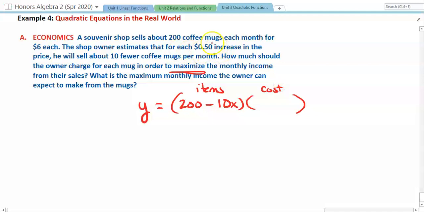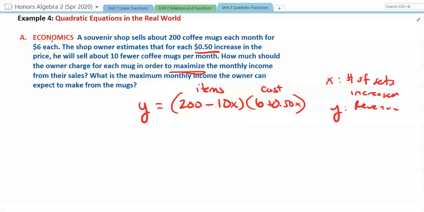And so the cost starts at $6, and he predicts that he'll increase by 50 cents for each set of mugs that he increases by. And so our x is the number of sets increased, right? And so the y would be the revenue.